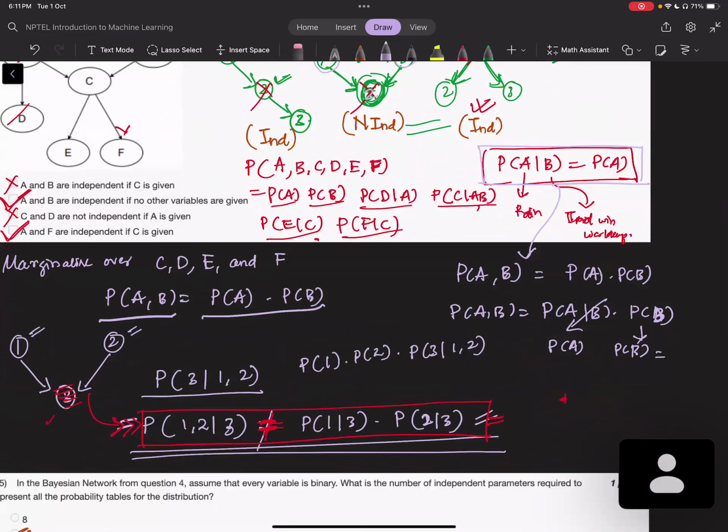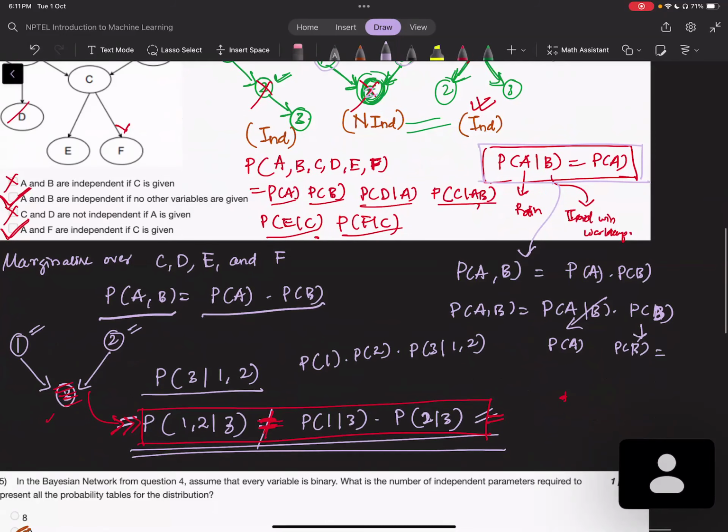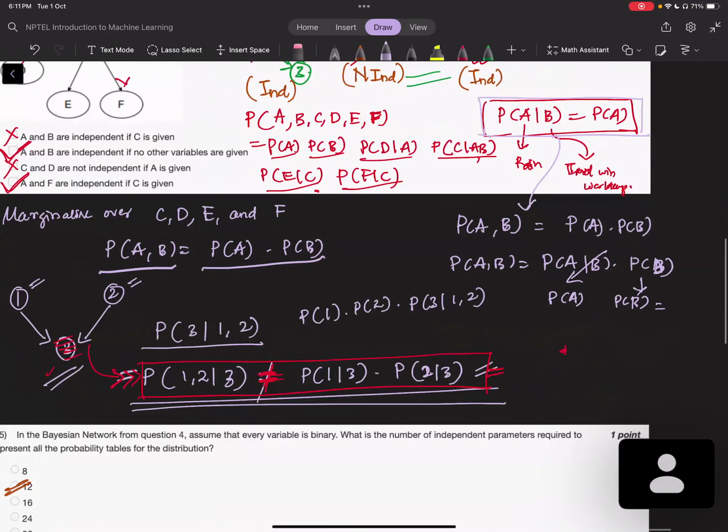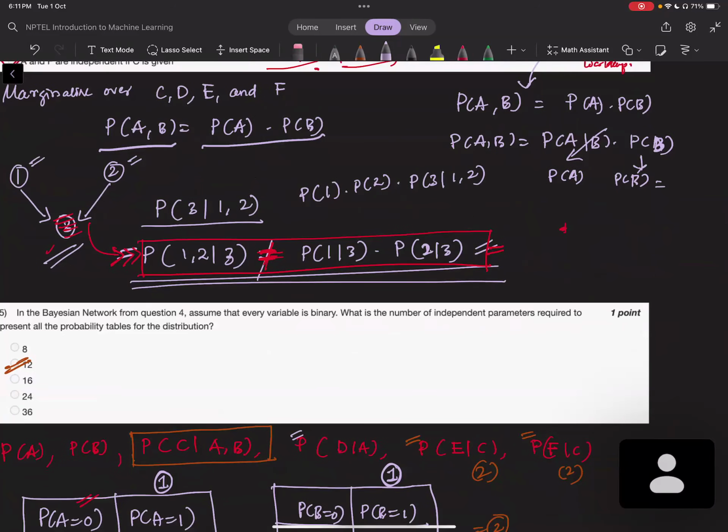Last week I think someone asked how this works: if 1 and 2 are co-parents of 3, then given 3, how will 1 and 2 be dependent?